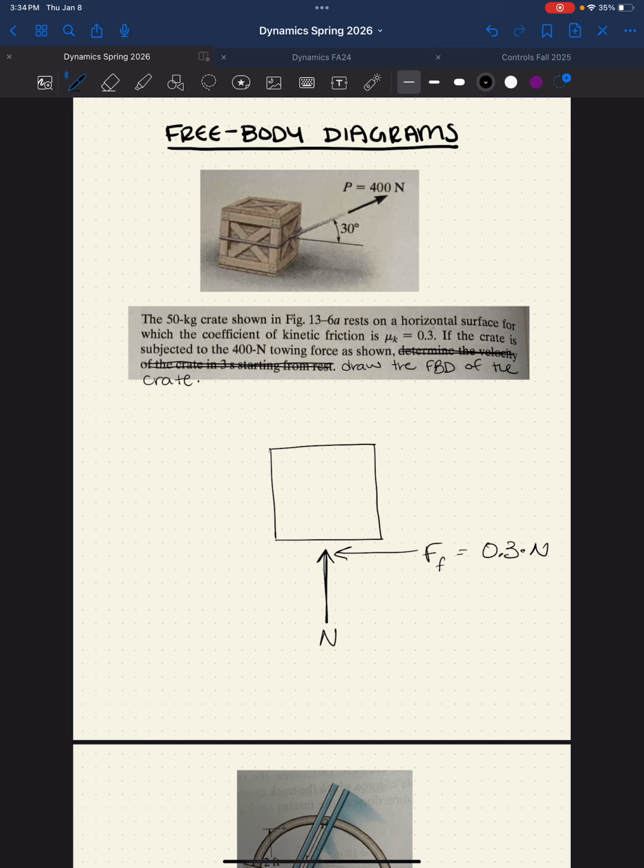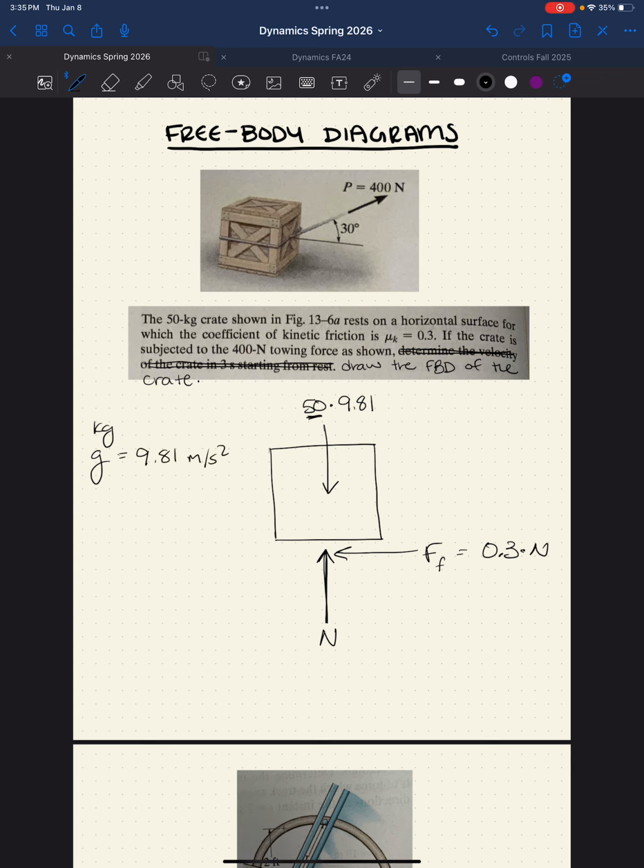Okay. We next need to fill in for the weight of the box. So we will add the fact that gravity points down, and the force due to gravity is the 50 kilograms mass times the acceleration due to gravity. We talked really briefly in class about how if you're given mass in terms of kilograms, that is a metric unit, and so you need to use the metric version of g, the acceleration due to gravity, which is 9.81 meters per second squared.